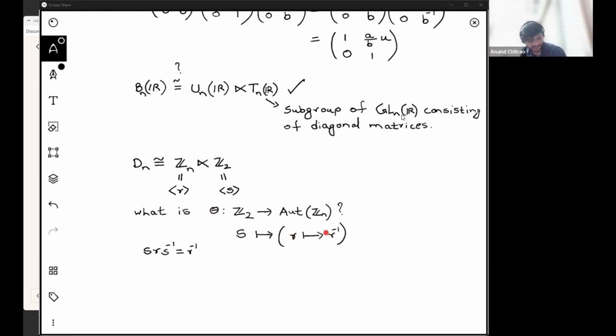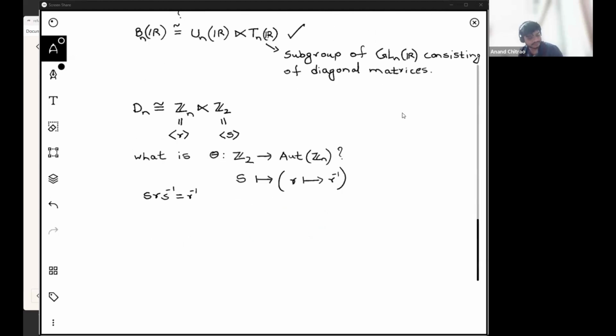Next, Sn is a semi-direct product of An with Z2. So even our familiar group Sn, the master of all finite groups, is a semi-direct product of this form, An and Z2.